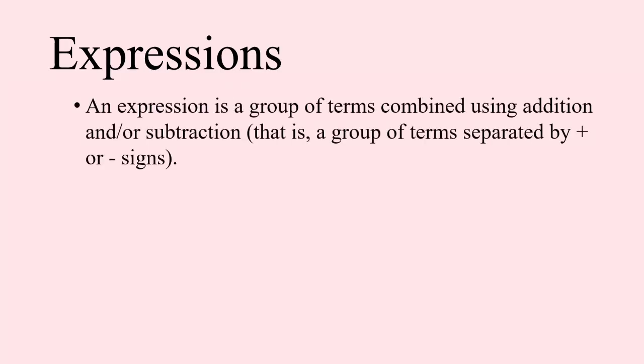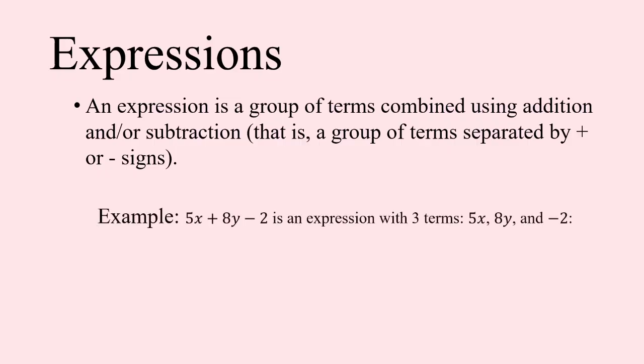Now that we know what terms are, let me tell you what an expression is. An expression is a group of terms combined using addition and or subtraction. In other words, an expression is a group of terms separated by plus or minus signs.